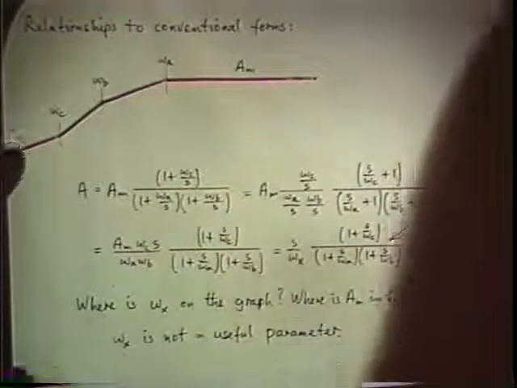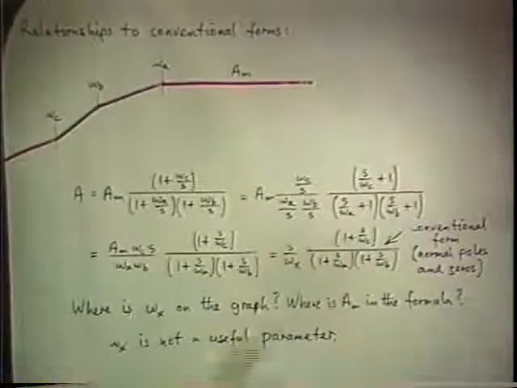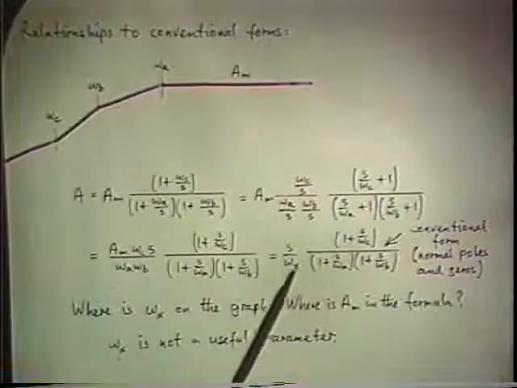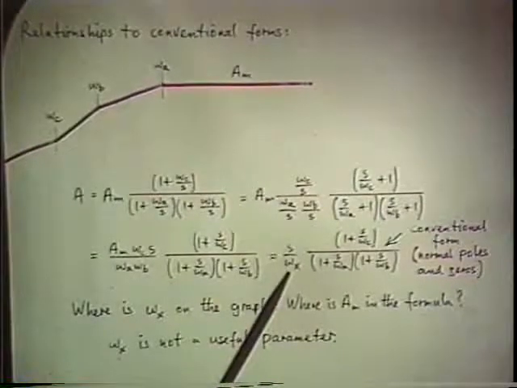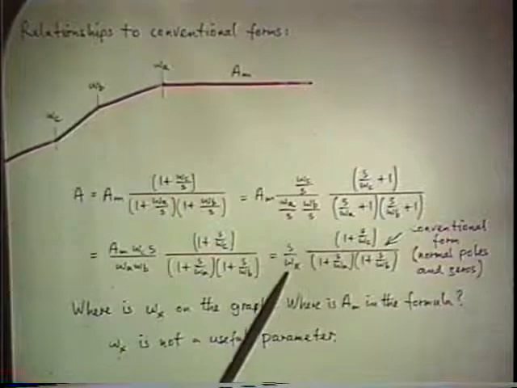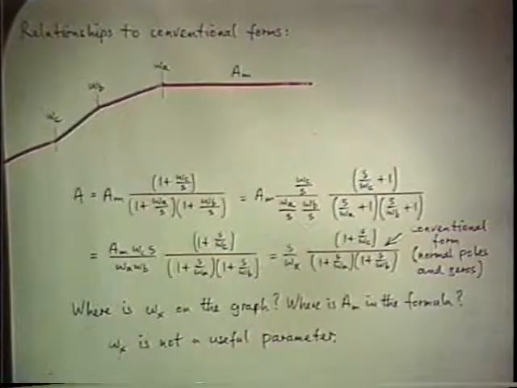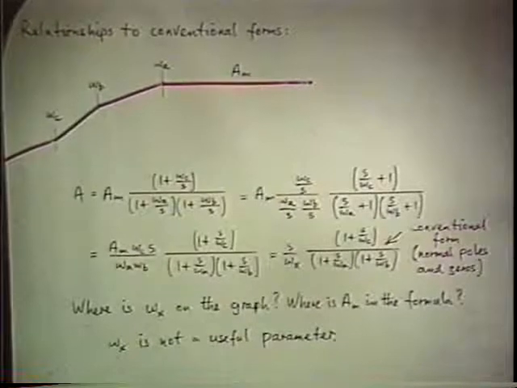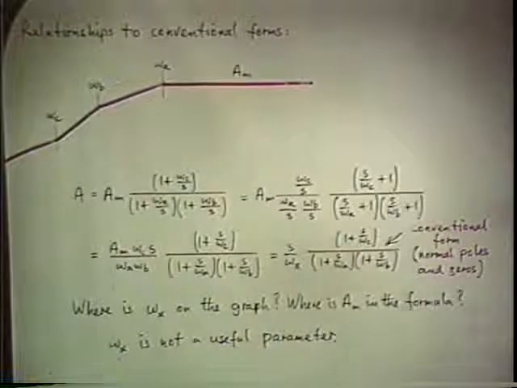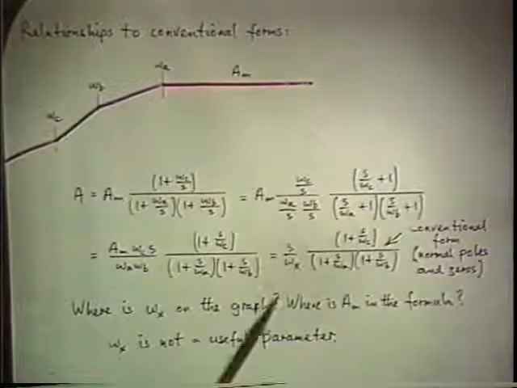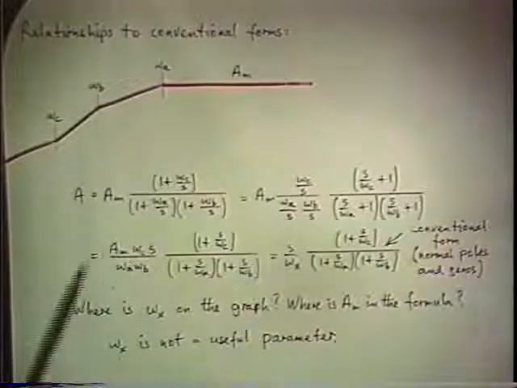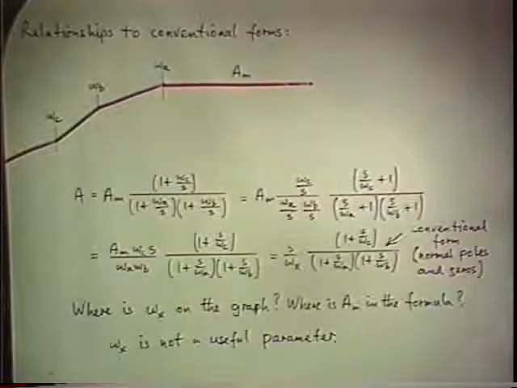And that's fine, of course, it's correct, but then this is the question that I raise. Omega x is obviously an important parameter in the equation. Where is it on the graph? It's implicit somewhere, because obviously it's these combinations of things, but geometrically, visually, where is it?